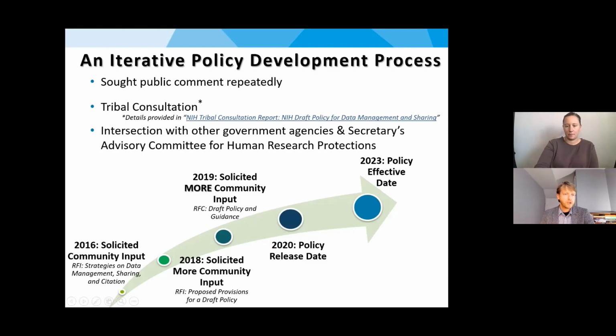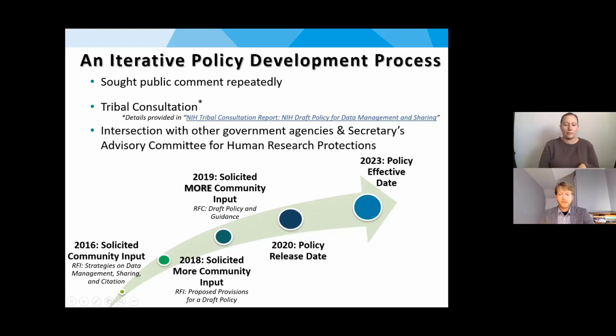We got about 200 public comments from a variety of different stakeholders on that draft policy. At the same time, we also started a formal tribal consultation specifically on the draft policy, in which we organized multiple meetings with tribes in different areas of the country to discuss and obtain their input on the draft policy. The draft was also taken up by the Secretary's Advisory Committee for Human Research Protections, who offered several recommendations for improving it.